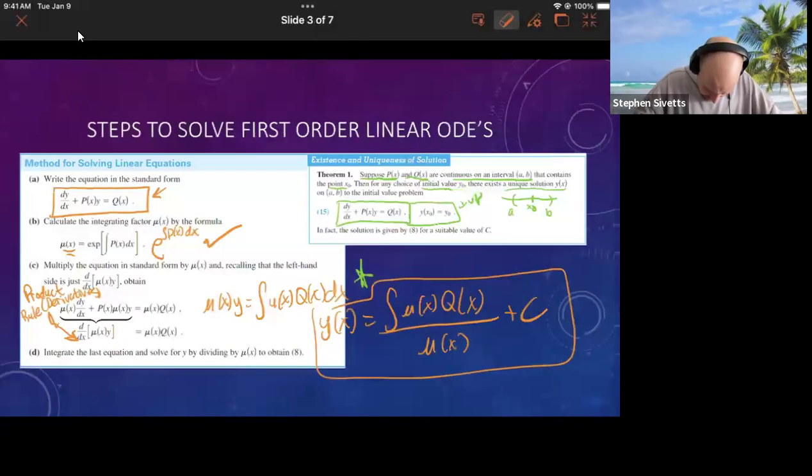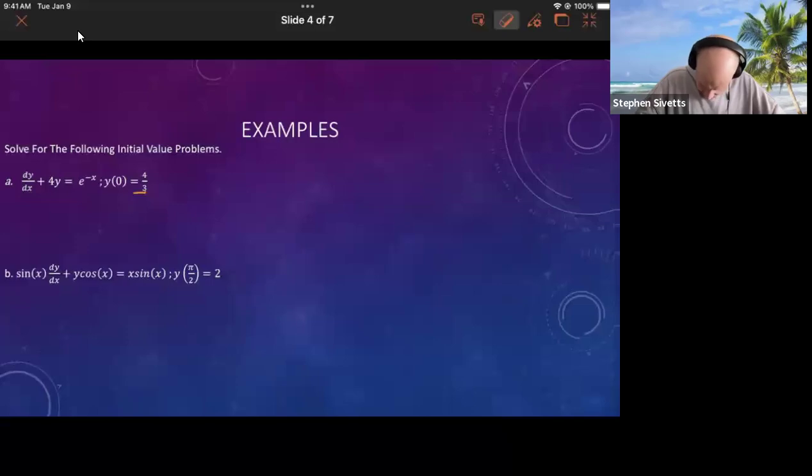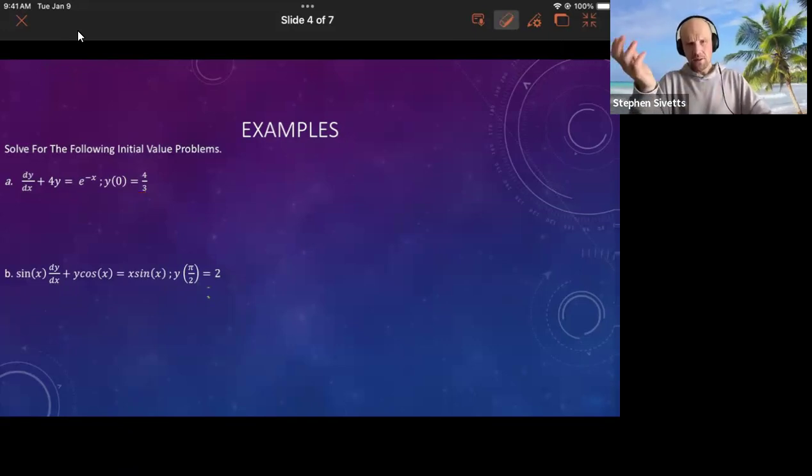And in part B, we have sine of x dy dx plus y times cosine of x equals x times sine of x, and our initial condition here is that when x is pi over 2, y is 2. I want you to pause the video and work out these examples and see what type of solution you come up with.